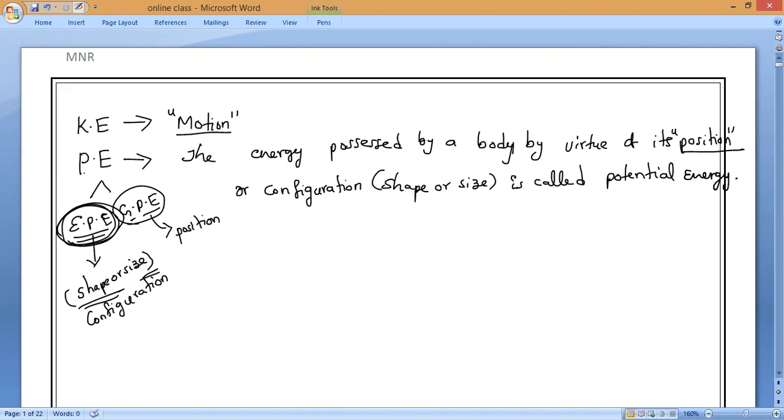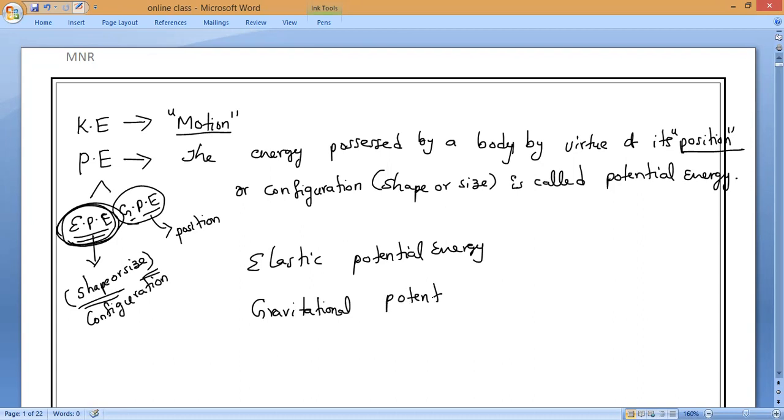And this potential energy we say is of two types: elastic potential energy, and the second one, gravitational potential energy. This gravitational potential energy, GPE, is what we basically know as potential energy.